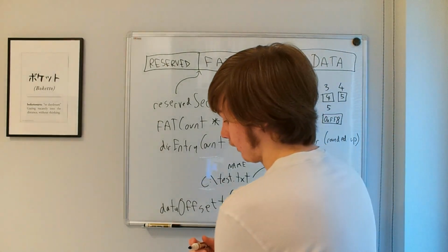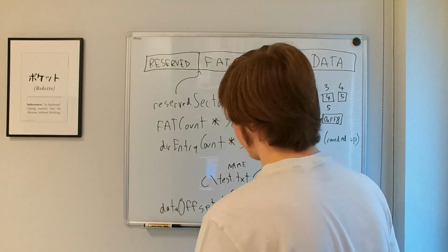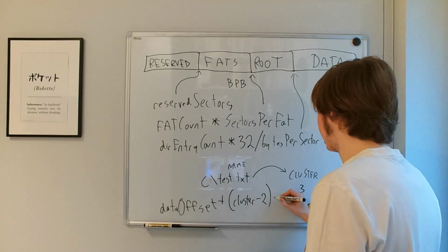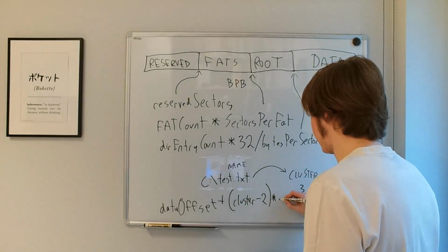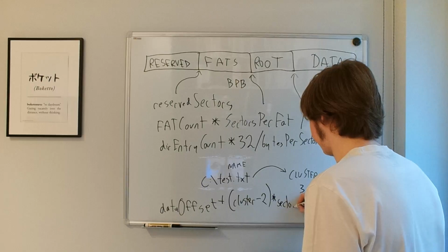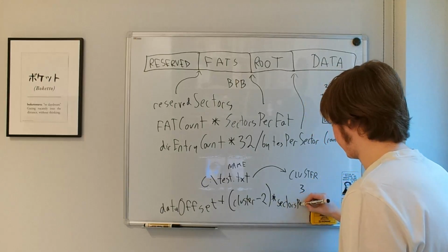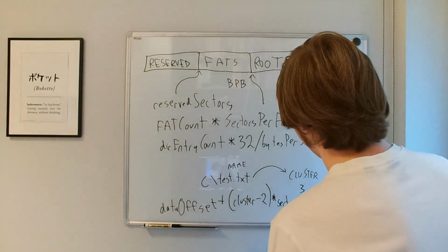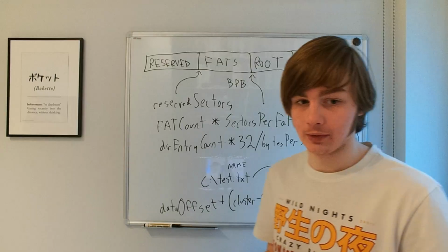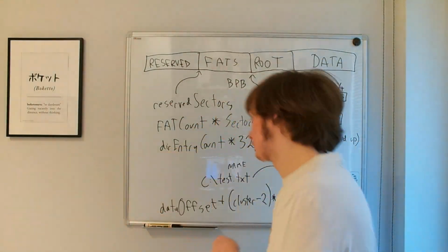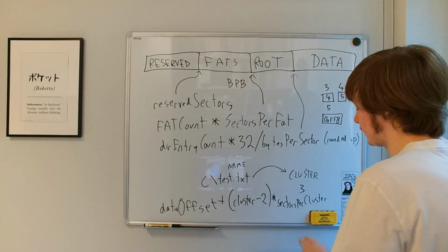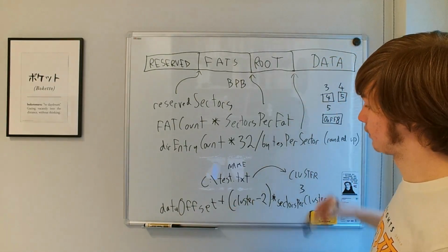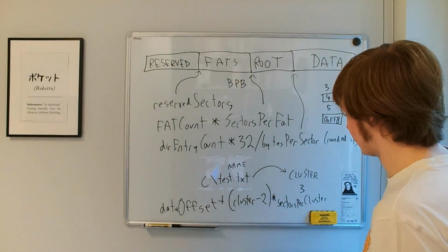And then we can simply read the field in the BIOS parameter block, and that is sectors per cluster. So the actual cluster ID you're supposed to read is the stored value minus 2, you see how many sectors are in one cluster, and all of that starts from the data offset, because that's in the data region.